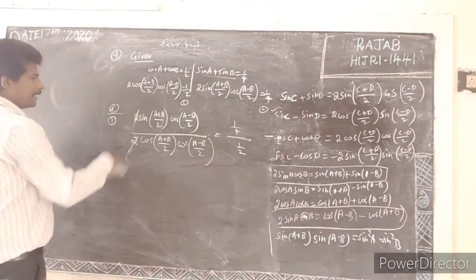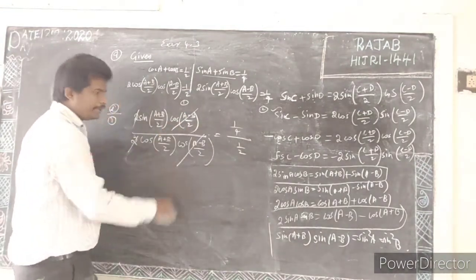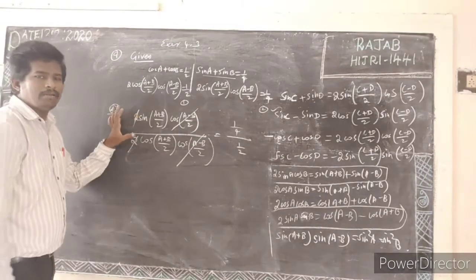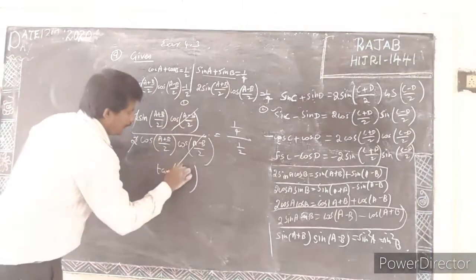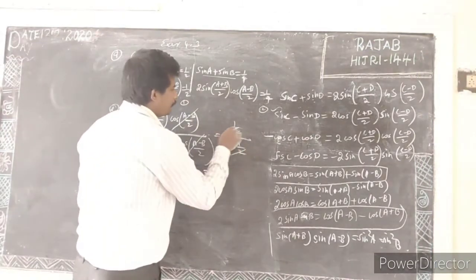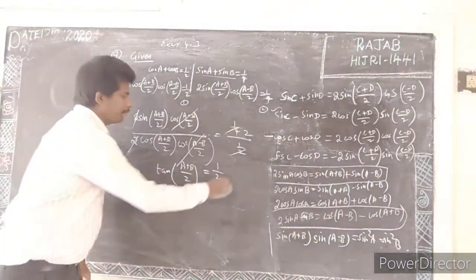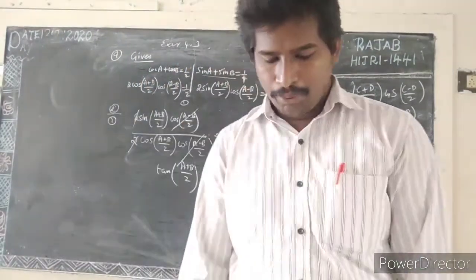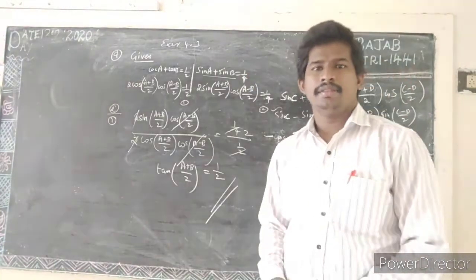Now 2 will get cancelled. Cos (A minus B) by 2 will get cancelled. What is the remaining? Sin divided by cos. What's the sin divided by cos? Tan (A plus B) by 2 equal to 1 by 4 times 2, so it will become 1 by 2. So we got our required result. We have proved tan of (A plus B) divided by 2 equal to 1 by 2.